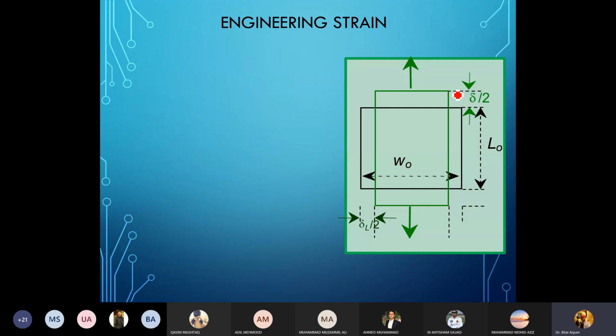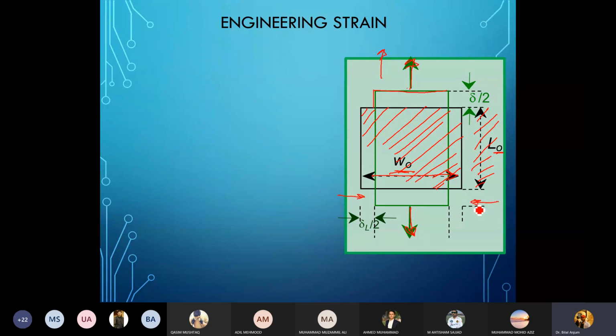Right. So moving on, how do you define engineering strain? Let's say I have this block originally. The original width of the block is W naught, and the original length is L naught. As I apply tensile load, after a certain load has been applied, the material elongates in this direction and contracts in the lateral direction.